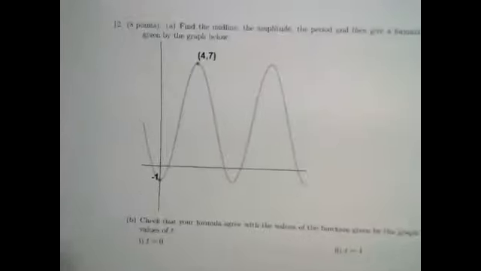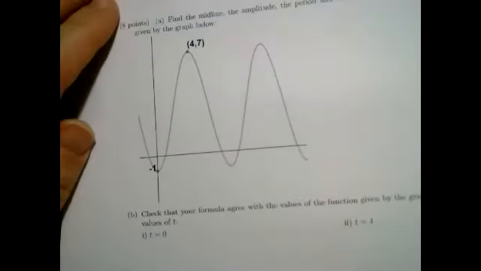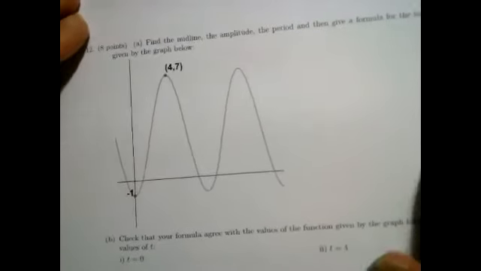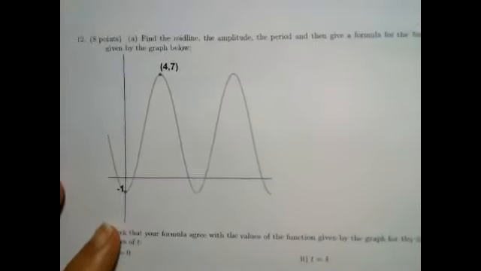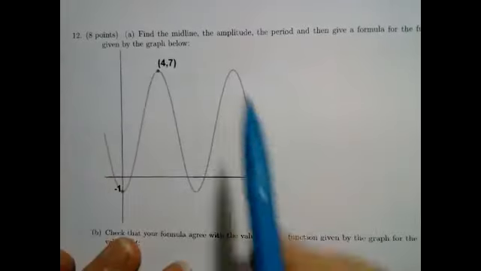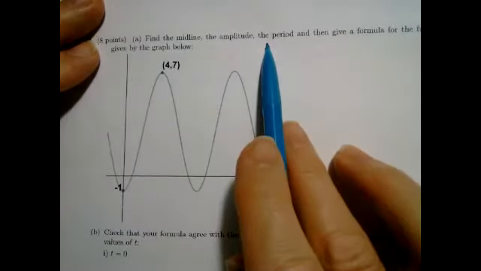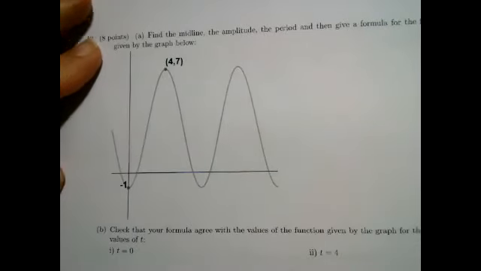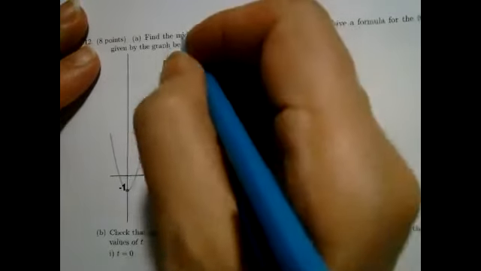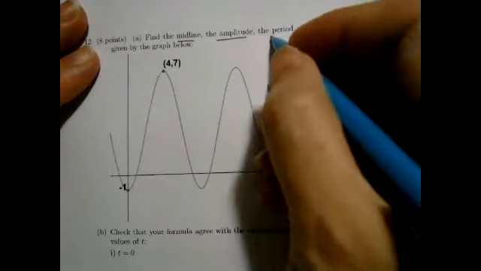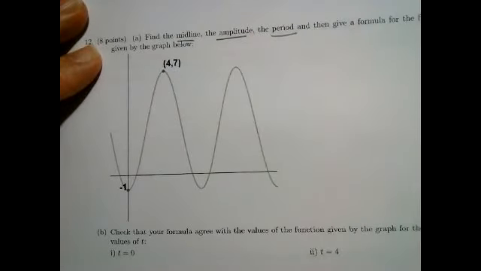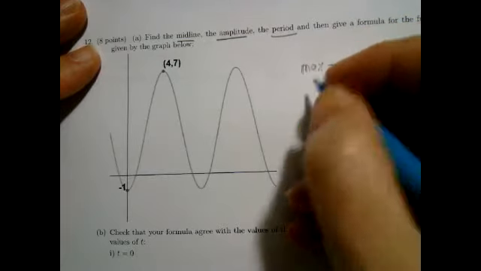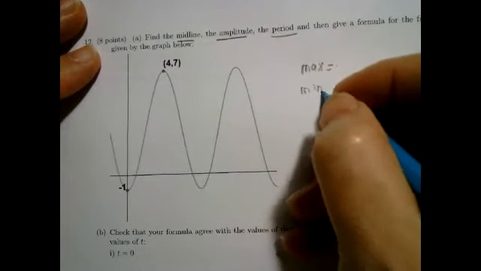Okay. Now the second one I'm going to do is number 12. Again, this is a function. And the question is find the midline, amplitude, period, and then give a formula for the function given by the following graph. All right, if I want to find midline, amplitude, period, everything, I need to figure out first the max value and the minimum value.